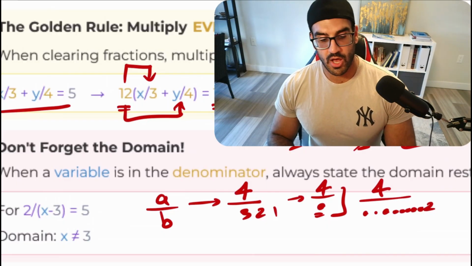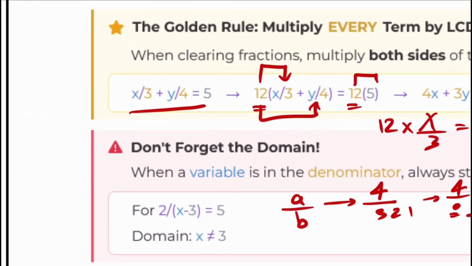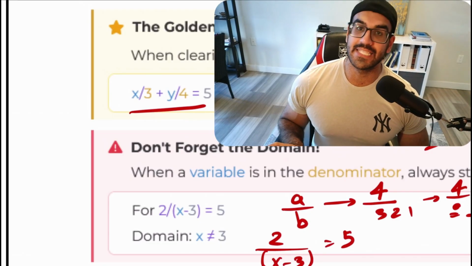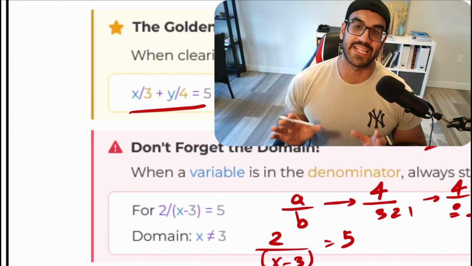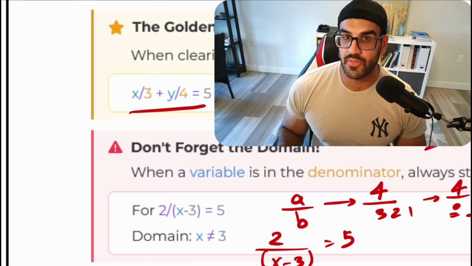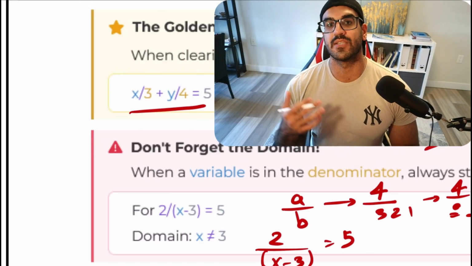So whenever we're talking about fractions like this, let me write it down: 2 divided by x minus 3 is equal to 5. Whatever I do in order to find x itself, I have to make sure that x minus 3 is not going to be equal to 0. At what point does that happen? At the point where x equals 3 itself.